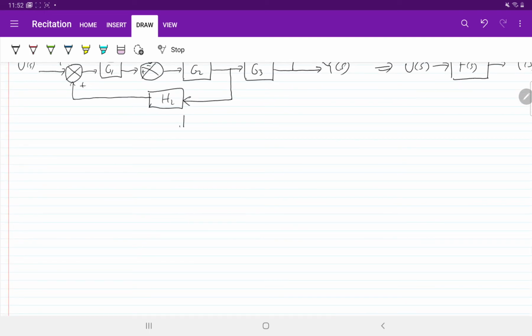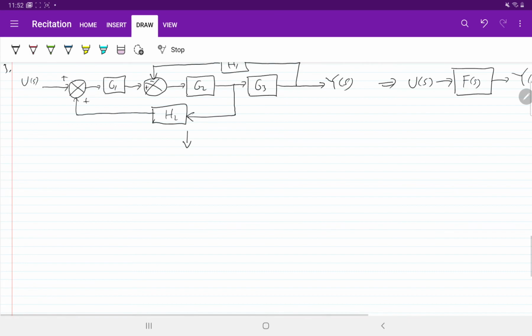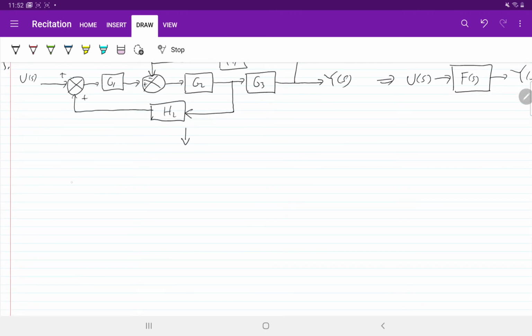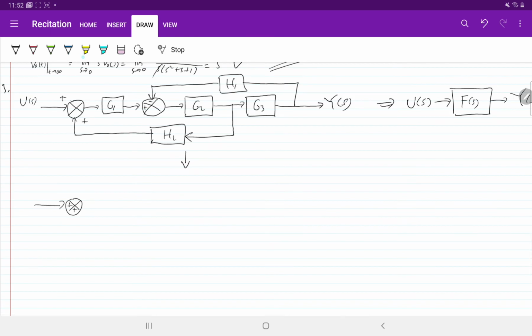That's the first approach, to move this connection point to the right side, from this point before G3 to the point after G3. Let's redraw it, plus plus. So we can put the plus sign inside this summation block.